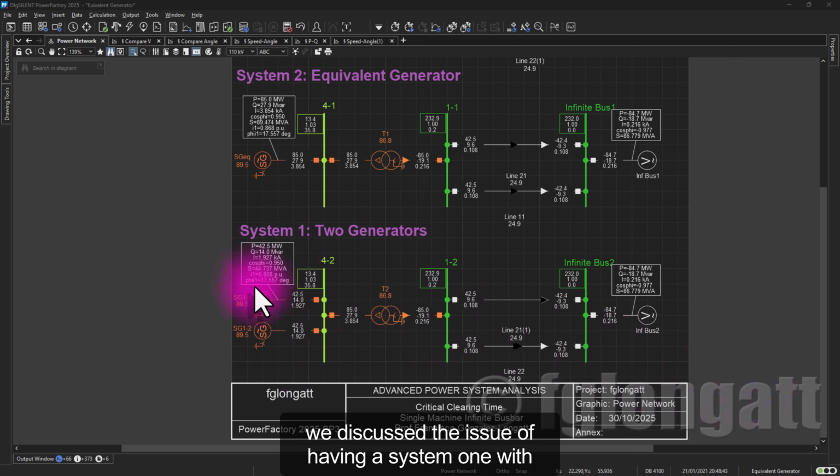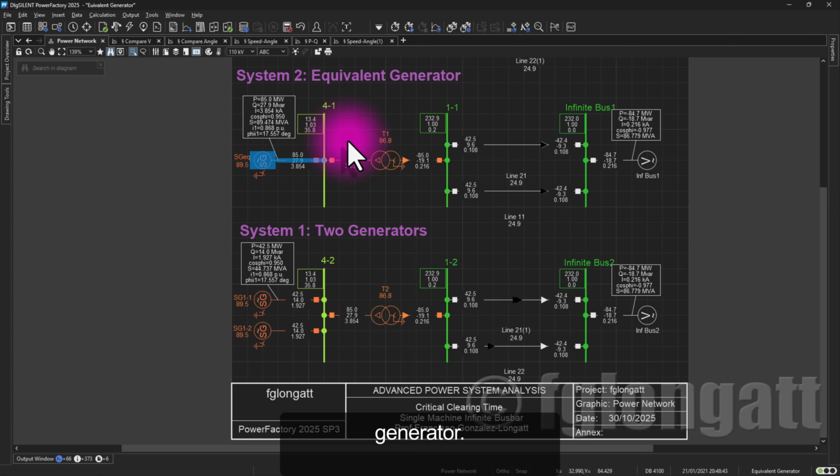So if you remember, I used two synchronous machines, 50 MVA, operating in parallel, and then I got an equivalent generator.